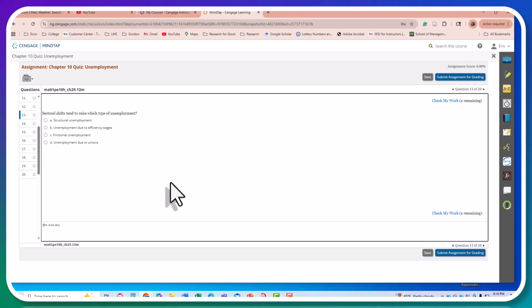Sectoral shifts tend to raise which type of unemployment? It is not frictional. It is not D, so I'll leave you with the other 2.